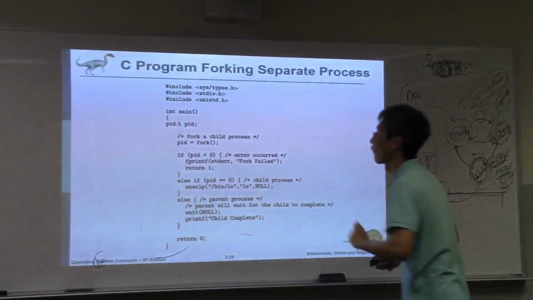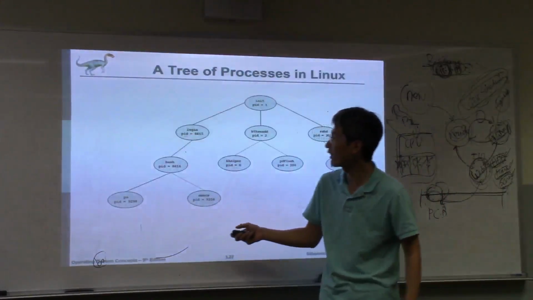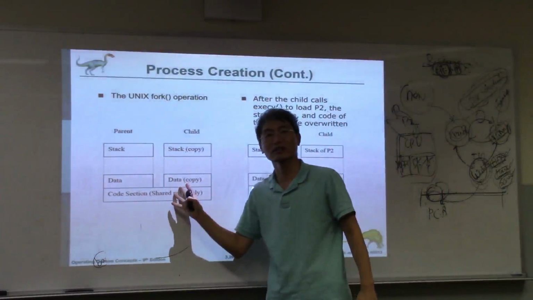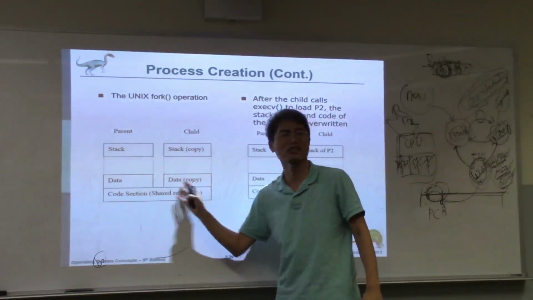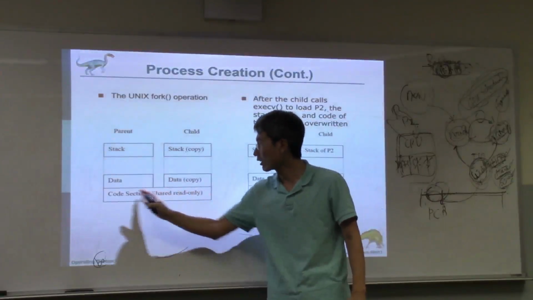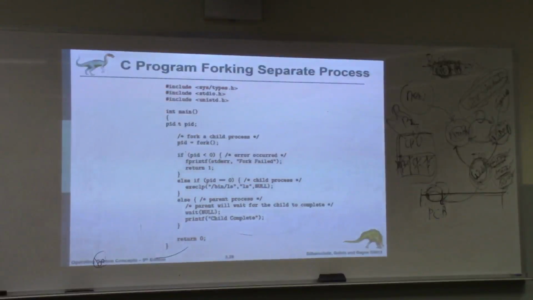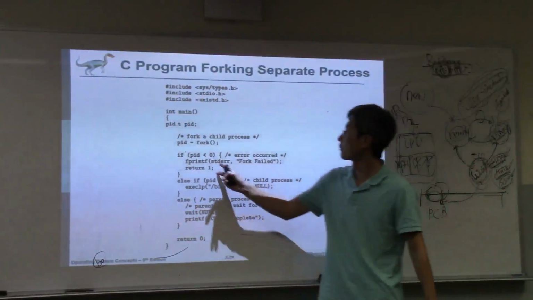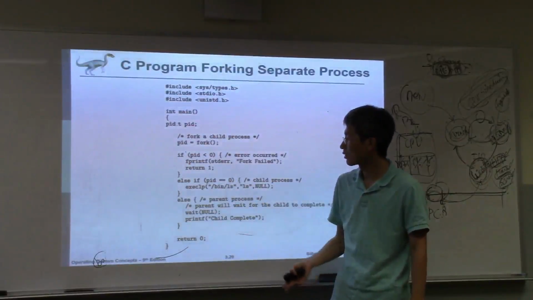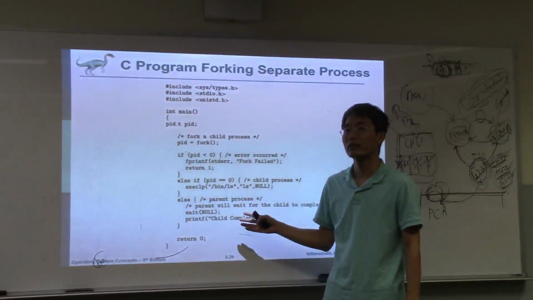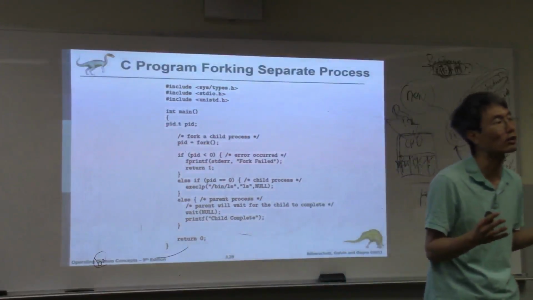Okay, so this is a fork. That is this state. They create the new area, but they are identical. Even the data part is shared. So then check the PID, whether the return code is less than 0, equal to 0, or positive. That indicates the specific status. Sometimes you cannot create the process.